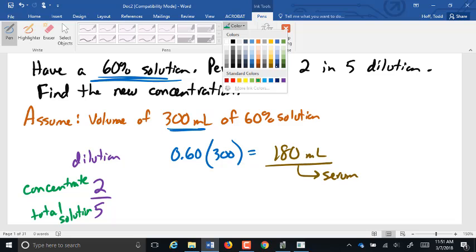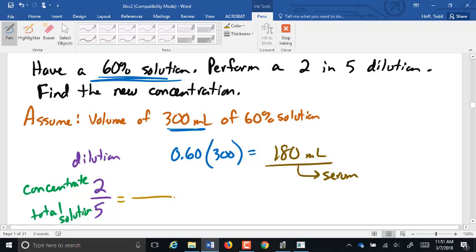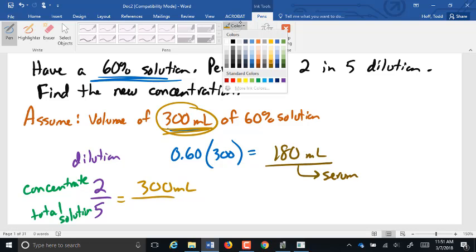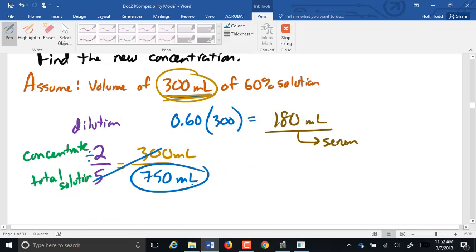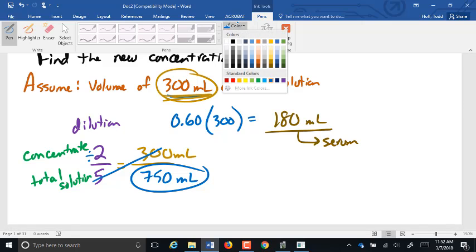So as we match those up, we have 300 milliliters total before we diluted it. That's what we chose to use. We can find the volume after it's diluted. 5 times 300 divided by 2, it'll have a total volume of 750 milliliters after it's diluted.